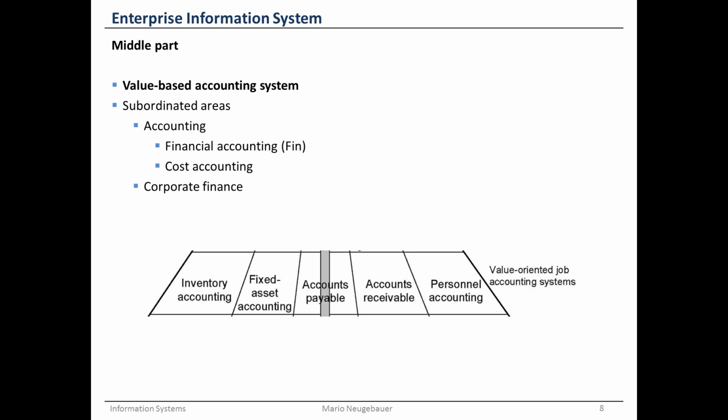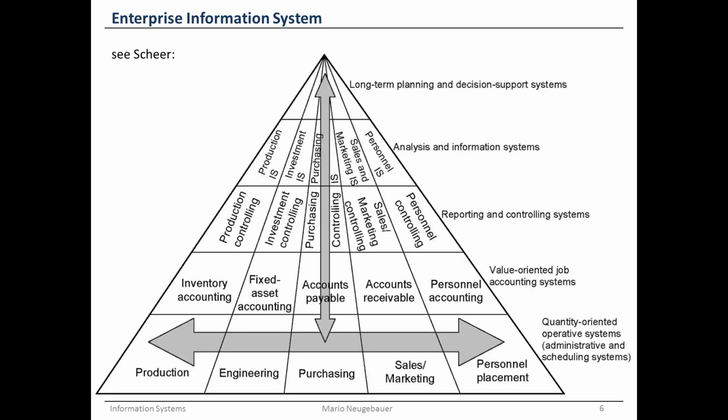And now we can go back to the overall view of the enterprise information system pyramid. And we now know there are different layers. They focus on certain aspects of the company. And if you then have the task to decide for an enterprise information system, you can see first what modules of such an information system might be important.